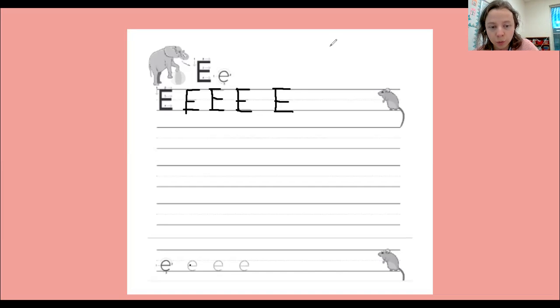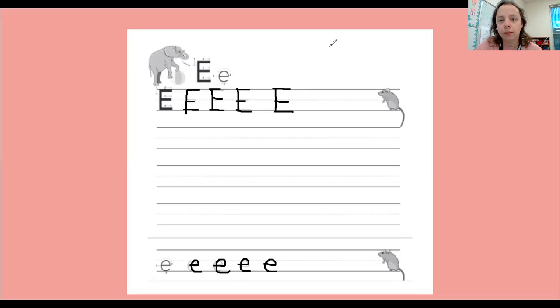And you're going to do a short straight line out, then you curve up and around. Straight line out, curve up and around. Okay, that one's a little tricky, but it's very similar to a lowercase c. And it stays between the belly and the foot line.